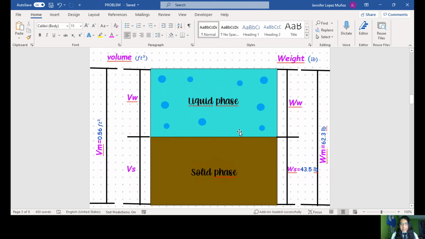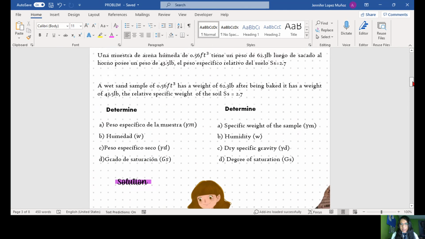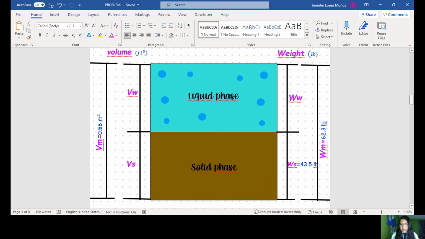This is a representation of the problem. And on the right side of the screen, we have the sample weight, the water weight, and the solid weight.